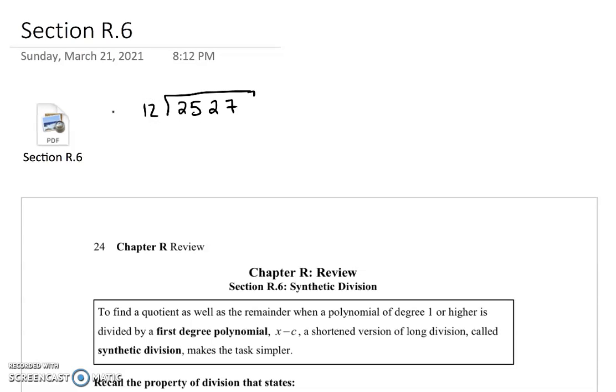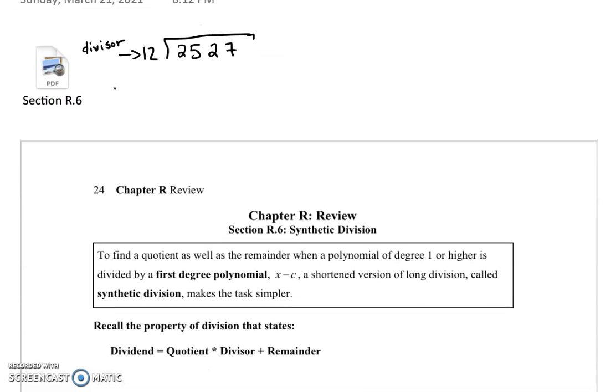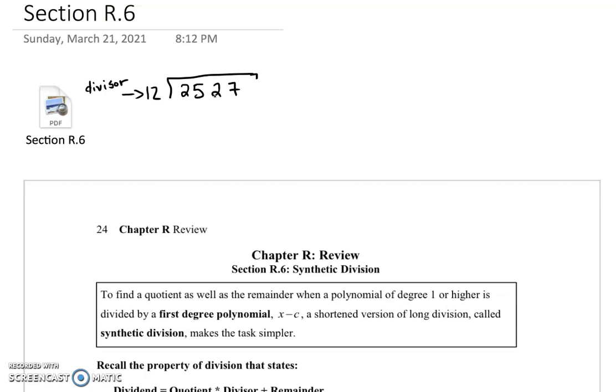So I take the 12, and the 12 is what we call the divisor. The dividend is what's underneath here. And when we get an answer, that's going to be what we call the quotient.